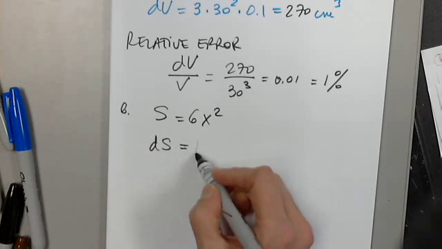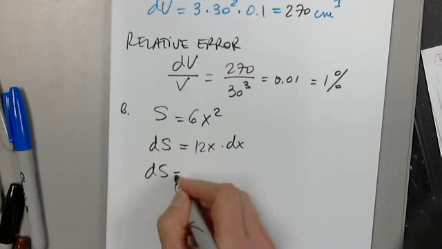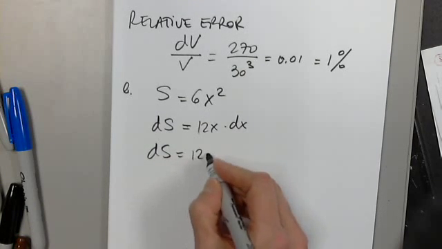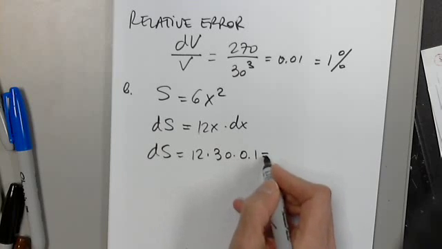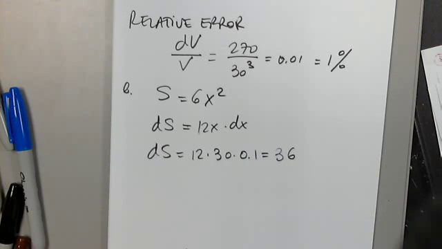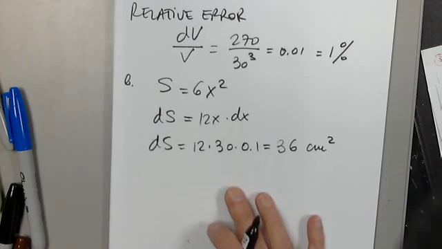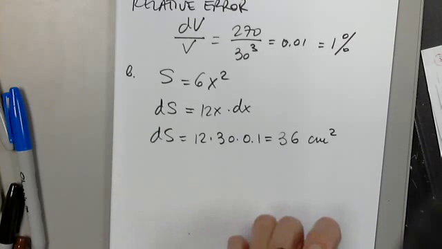That's 12x times dx. So then ds will be, I'll plug in the numbers, 12 times 30 times 0.1. So this is 36. Measurement unit? Centimeters squared. Very good.